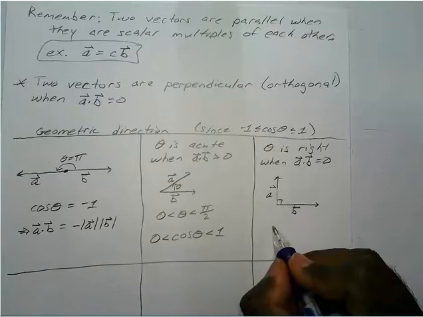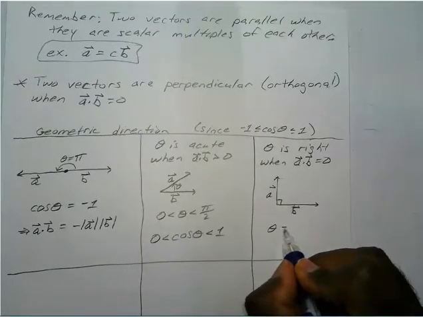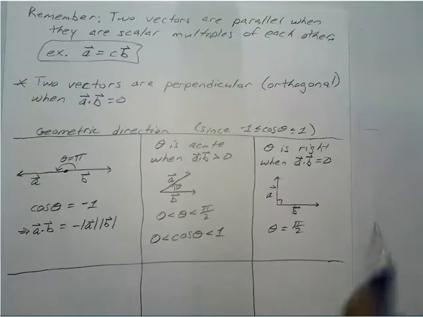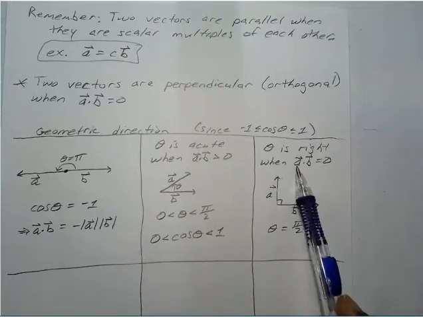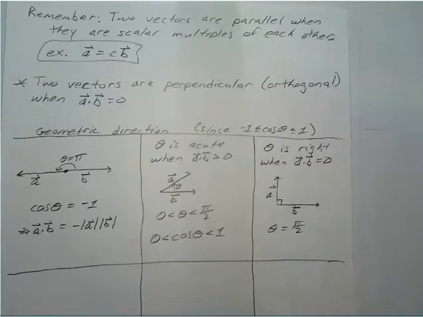We know that theta is equal to pi over 2 for a right angle. And we know that cosine of pi over 2 is equal to 0. And that can only happen if our dot product is equal to 0.